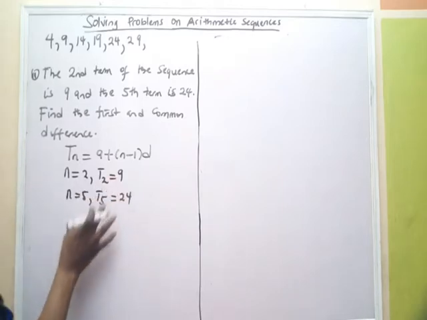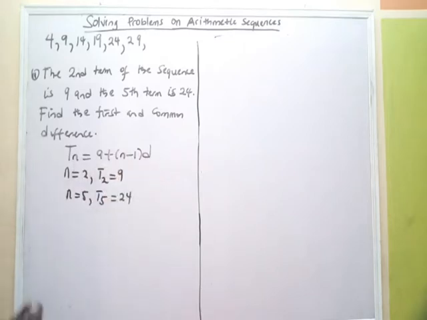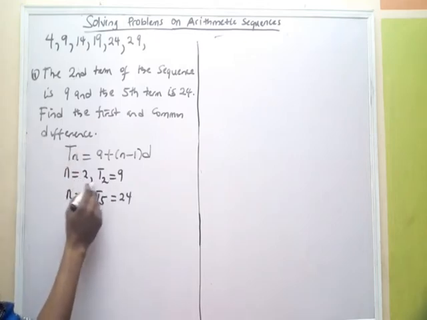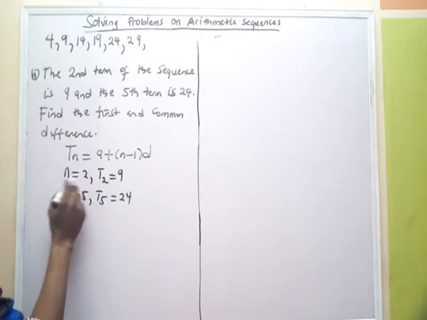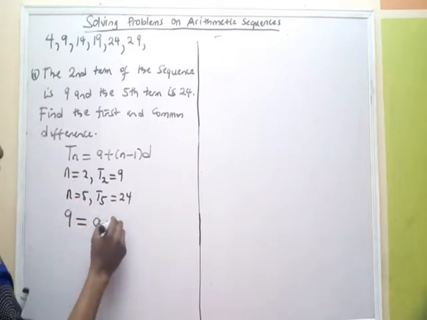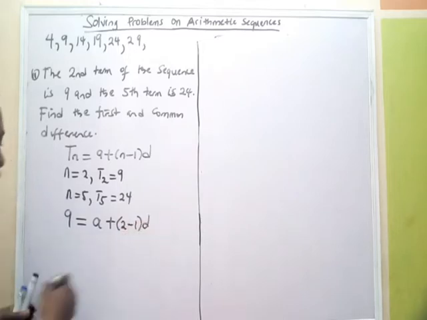Now I'm going to substitute n and Tn into this expression in order to find the first term and the common difference. When n is 2, T2 is 9, so I'm going to plug in 9 here: 9 equals a plus (2 minus 1)d.